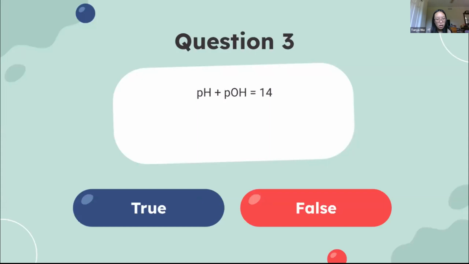So because of that, pH and pOH always equal 14 when you add them up. So it's true.